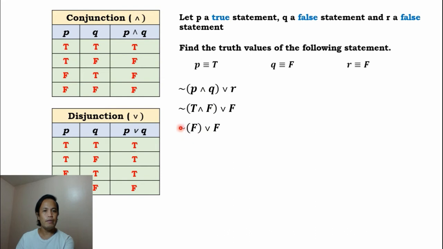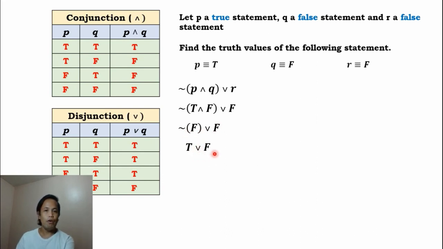So therefore we have not false. True and false is false. Then we copy or false. Now for negation, as I said earlier in the truth table for negation, the negation of false is true and the negation of true is false. Since this is not false, therefore this is true.